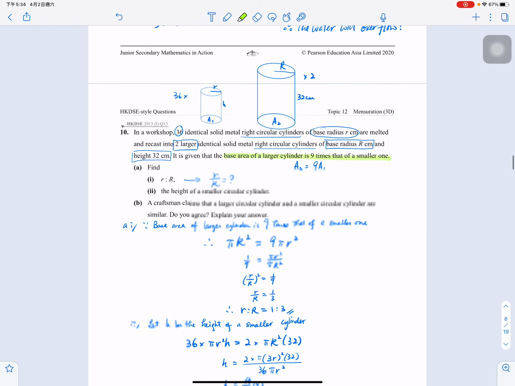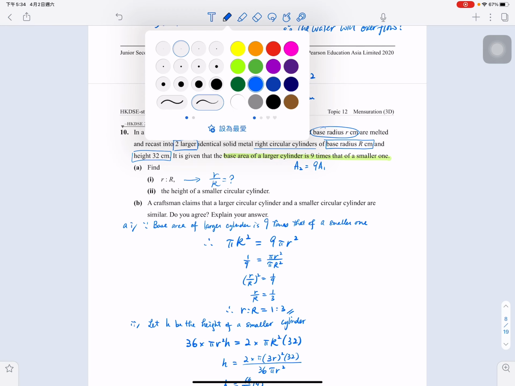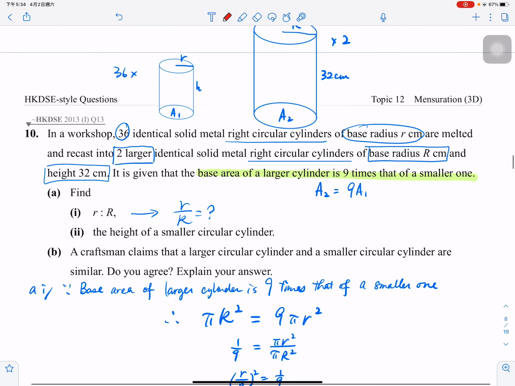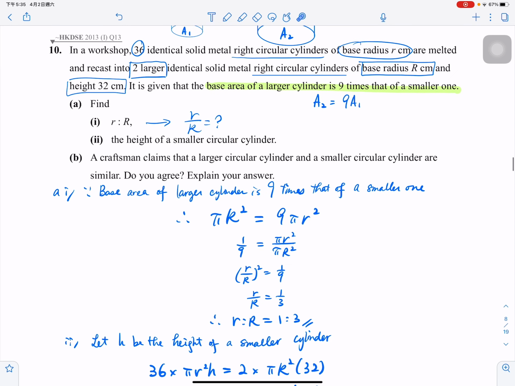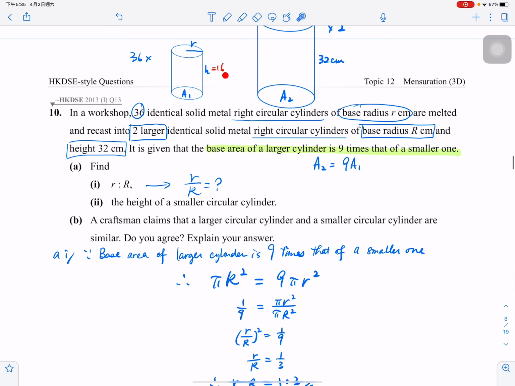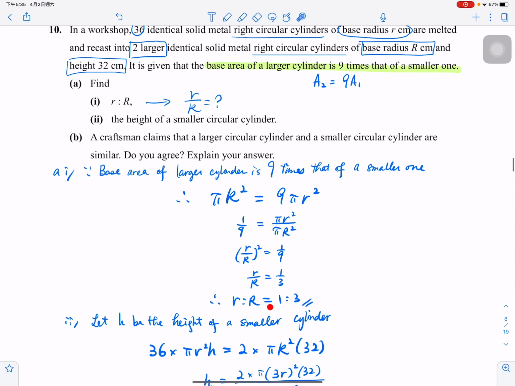That's great. We know the height of the small cylinder now. This one is 16 cm. So see, 16 and 32. The radius we don't know. Oh no, we know the ratio. 16, 32, 1, 2, 3.